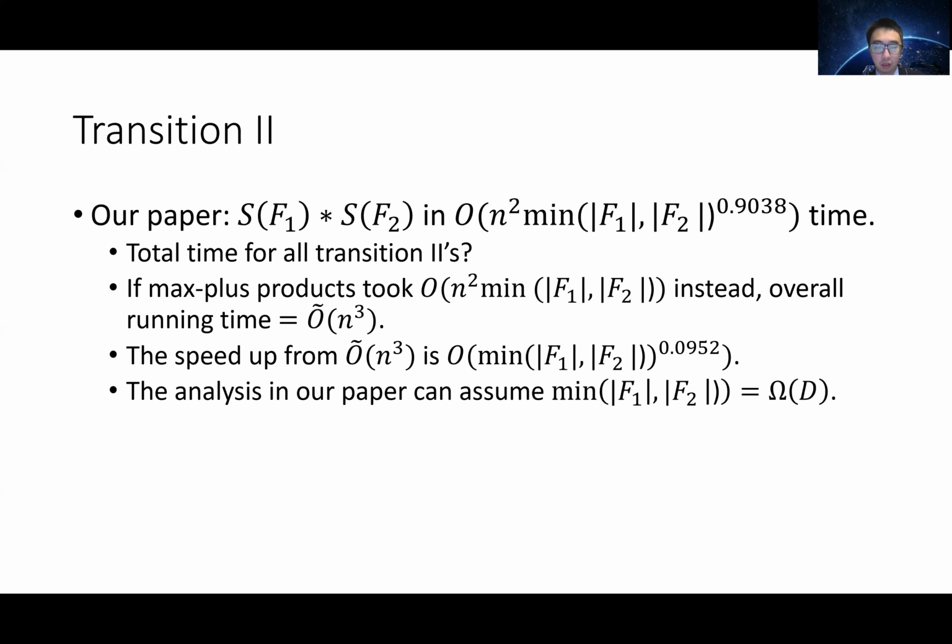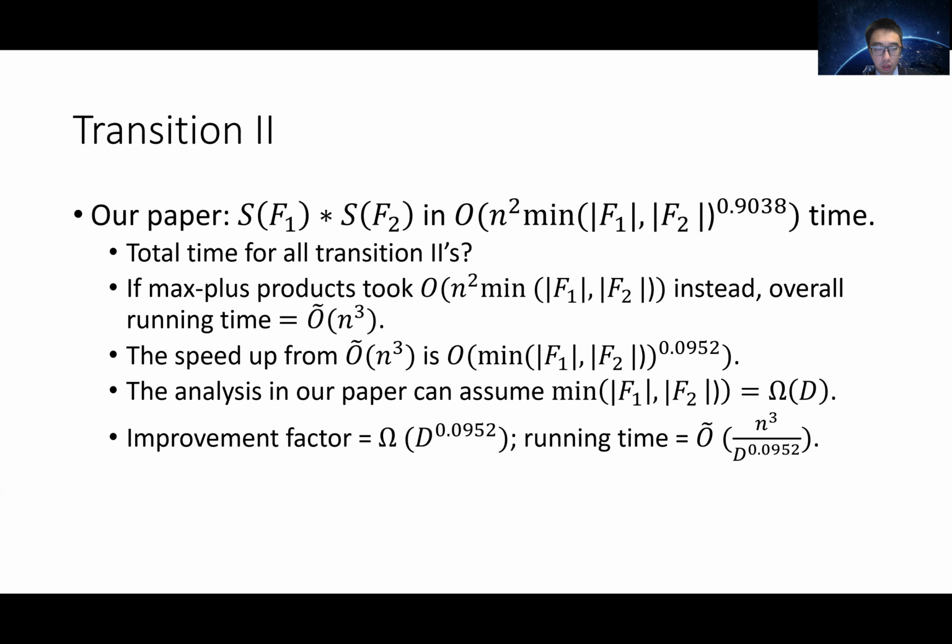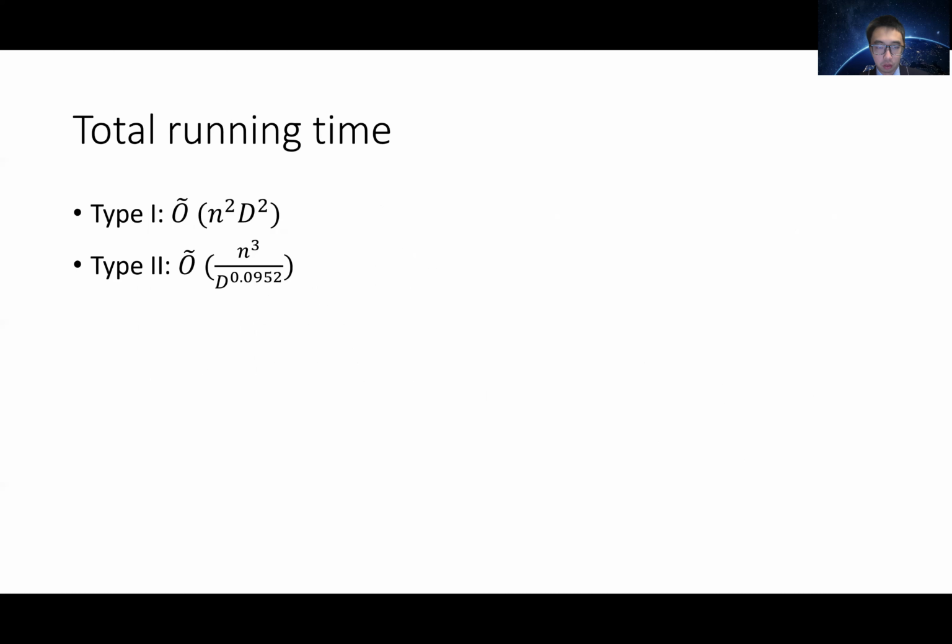In the analysis of our paper, we can assume that the min of the size of f1 and the size of f2 is omega of d. And therefore, the improvement factor is at least omega of d to the 0.0952. Our total running time is therefore cubic divided by this improvement factor, which is O(n) cubed divided by d to the 0.0952.